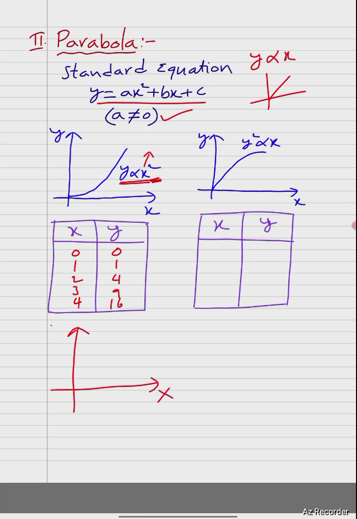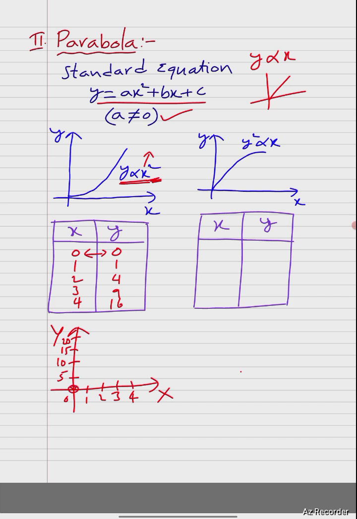This is the x-axis, this is the y-axis. The values for x change from 0, 1, 2, 3, 4, so the scale on the y-axis you take as 5, 10, 15, 20. Now look at the first coordinates 0, 0.